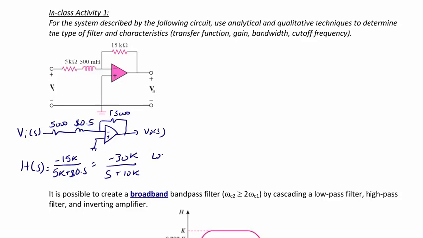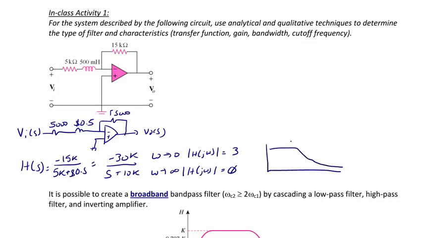And what you notice here is that as omega goes to 0, the magnitude of H of j omega is equal to 3. And as omega goes to infinity, the magnitude of H of j omega is equal to 0. So we see here that we have a low-pass filter, and it's a low-pass filter with a gain of 3.